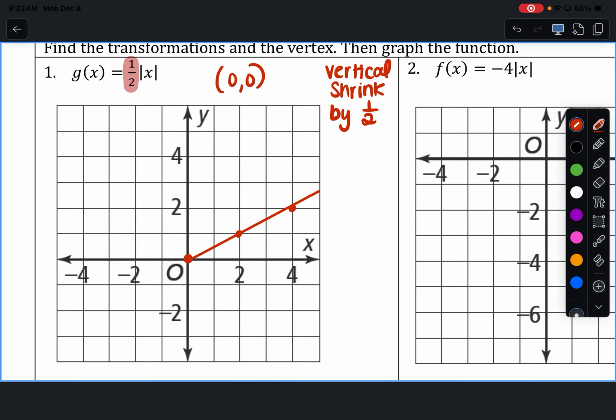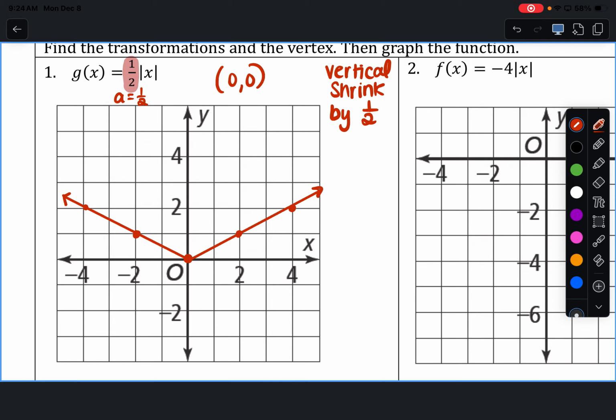And then all of our absolute value functions have to be symmetric, so we have to make the other side match. That is how we graph this. Our A determines the slope of the sides of the V.